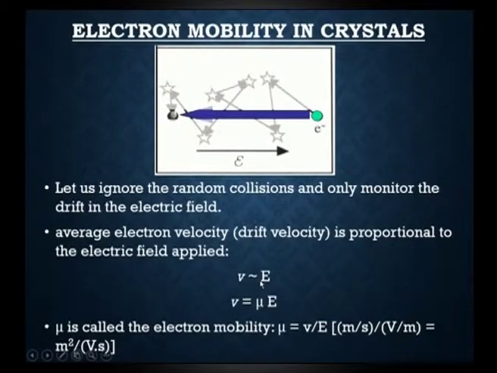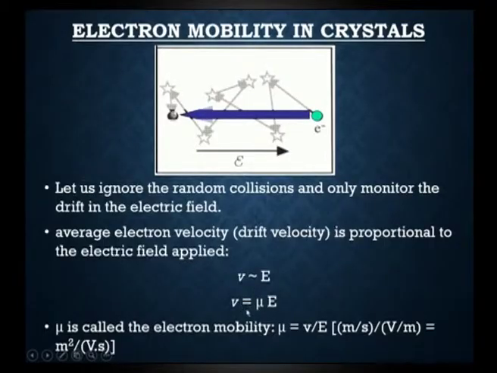So this can be written as v = μE, where μ is a constant called the electron mobility. Rewriting the equation for mobility, μ = v/E, velocity divided by electric field. This is the mobility of an electron.